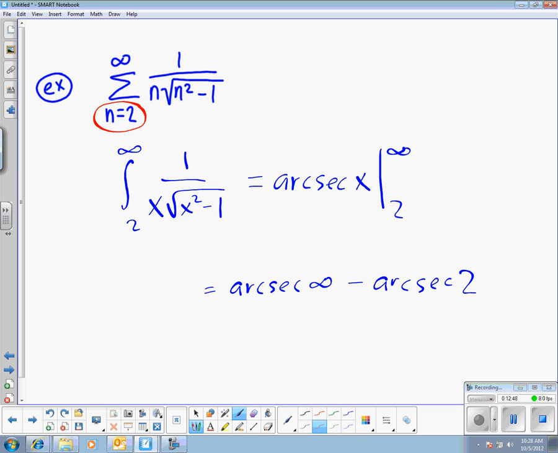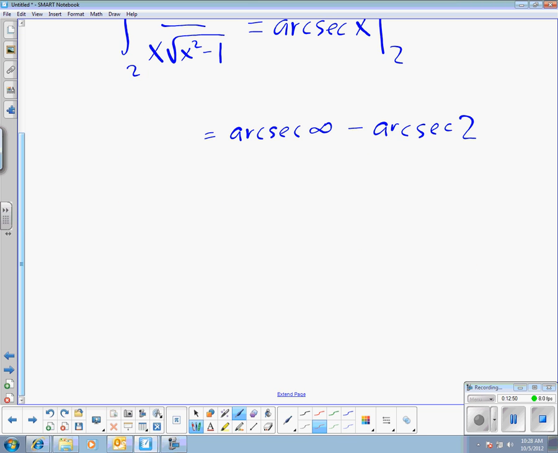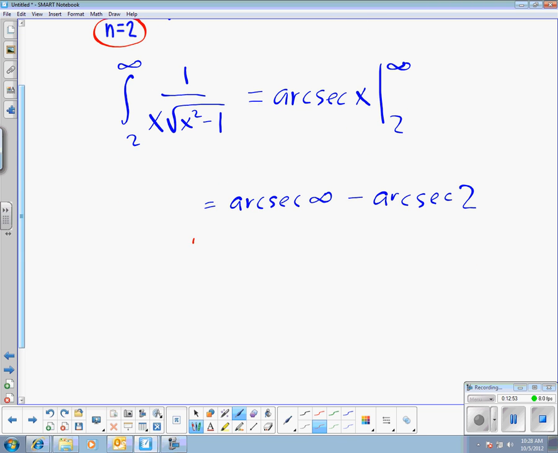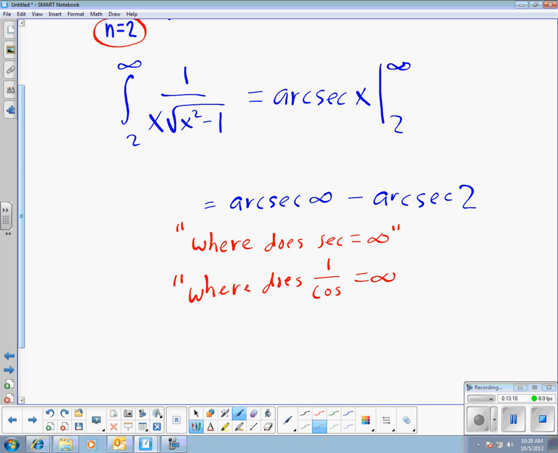I'm going to put some detail here because this can be a tricky question. Where does secant equal infinity? Which is like saying where does 1 over cosine equal infinity?